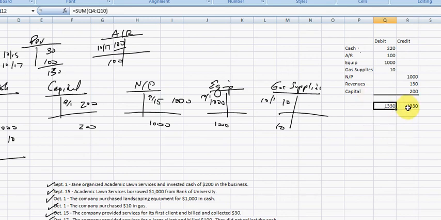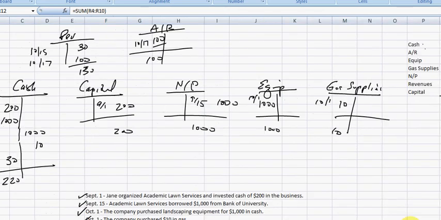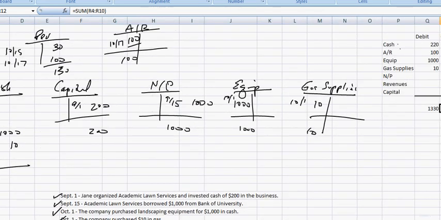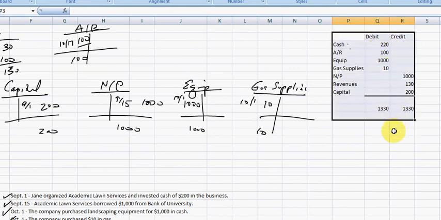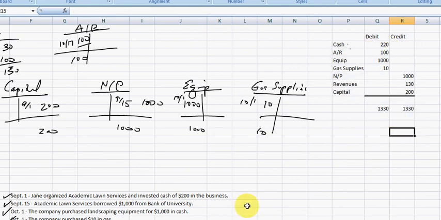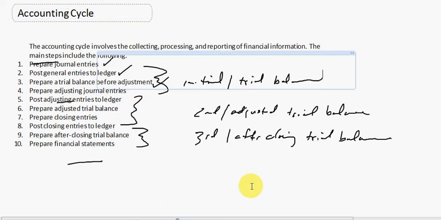But here it does balance up, and seeing that it does balance up finishes the very first process of the accounting cycle, which is the initial trial balance, where we prepared our journal entries, posted general entries to the ledger, and prepared a trial balance before adjustment.